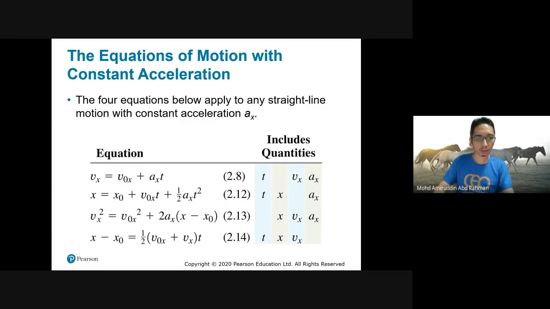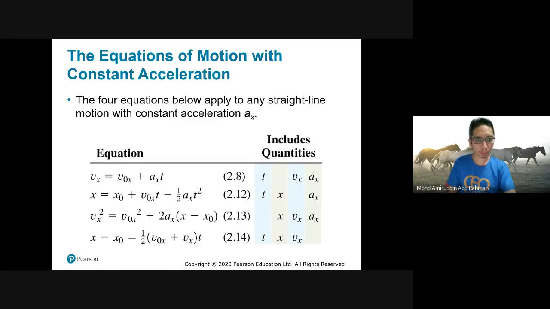Then we have x. x equals x naught plus V naught x t plus half ax t squared. So x now becomes the displacement.